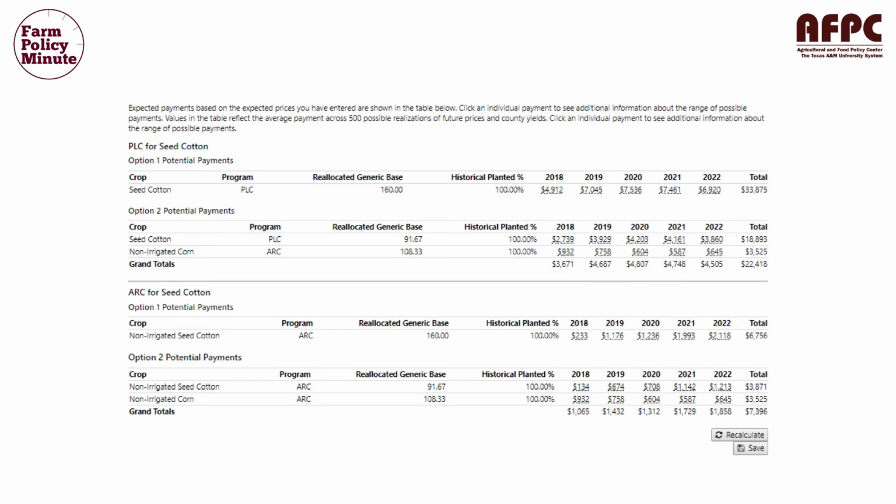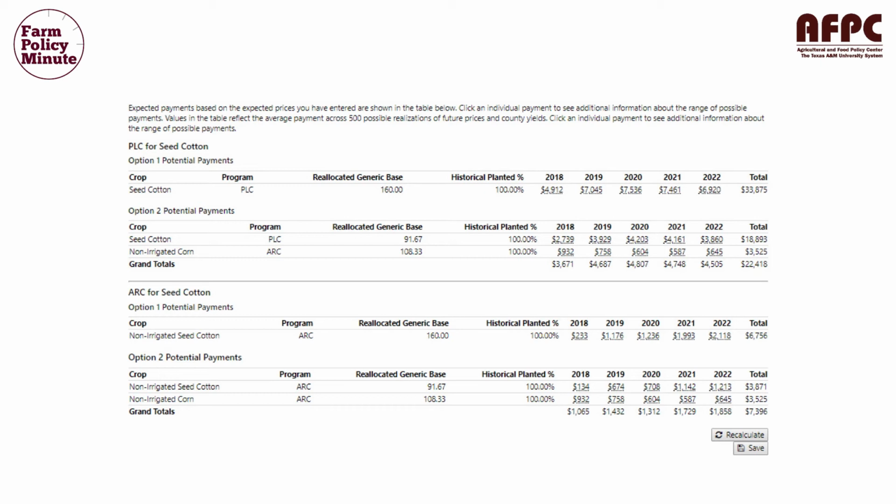Then the second part of the table, where you put seed cotton in the ARC program, as I said, flat prices is not very good for the ARC program. So you can see if you put the 160 acres in seed cotton, we would estimate over the next 5 years you'd get only $6,700, which is a lot less protection than the $33,000 if you had put it in PLC.